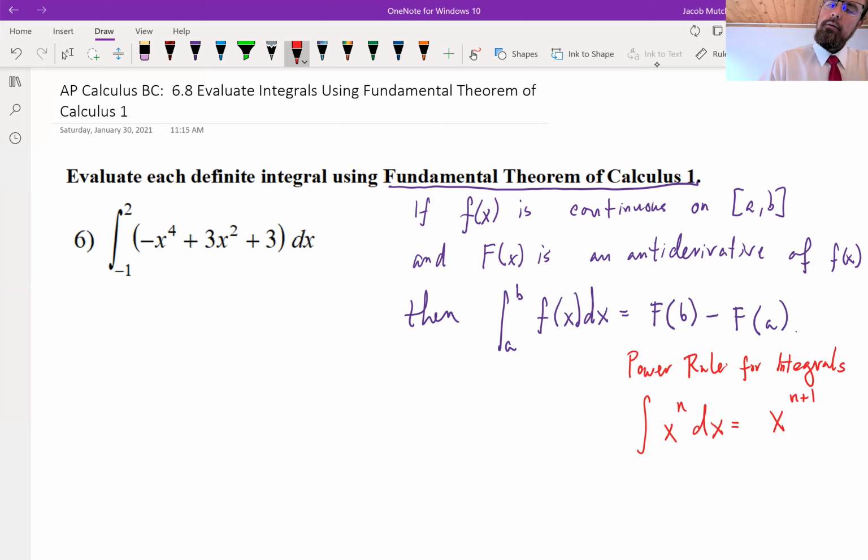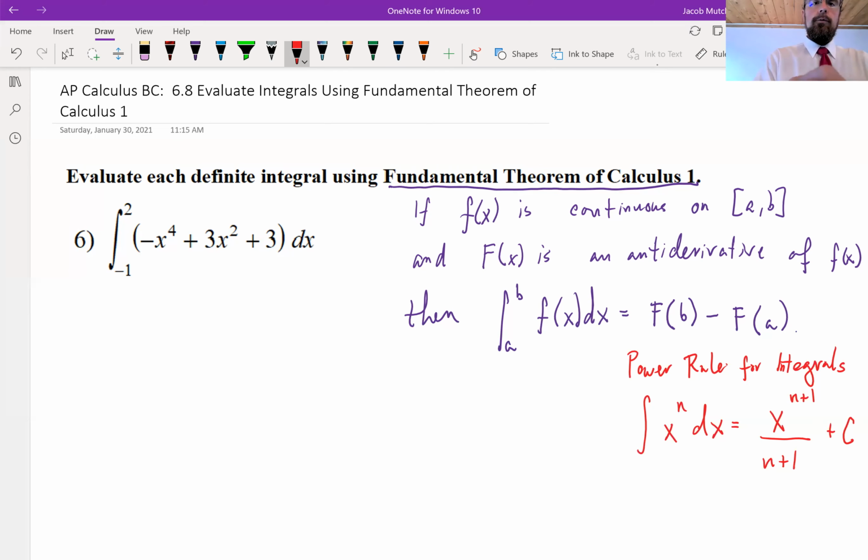So take the original function, add 1 to the power, divided by that same n plus 1. If I were considering this as indefinite integration, I would put plus c, the constant of integration. So we just need to apply power rules for integrals to find the antiderivative, and then we'll apply the Fundamental Theorem of Calculus to evaluate the definite integral.